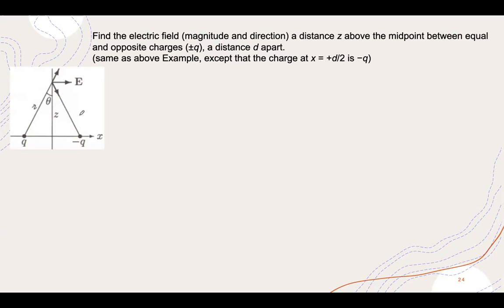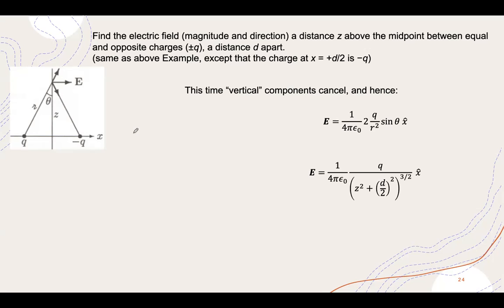We found that it is going to be a horizontal component, compared to the previous one where we had a vertical component as the resultant electric field. Then we calculated these electric fields. So this is the answer. Here you can see our resultant electric field is given by this expression.